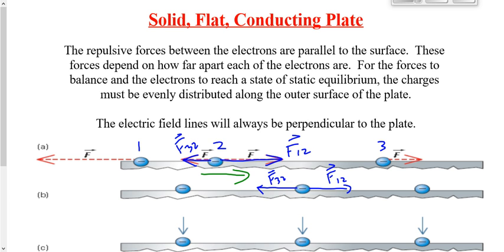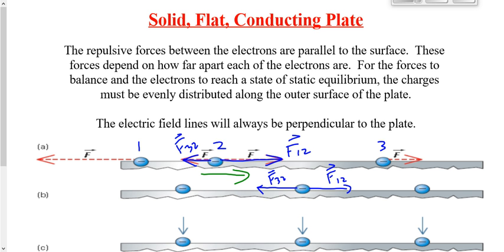That's your point of static equilibrium. The forces are balanced. These charges are now going to remain at rest. Now, take a look at the distribution again. You'll notice A, these charges are once again on the outer surface, and B, these charges are evenly distributed.